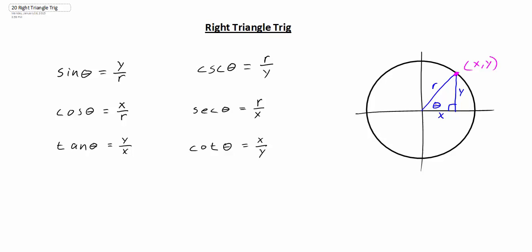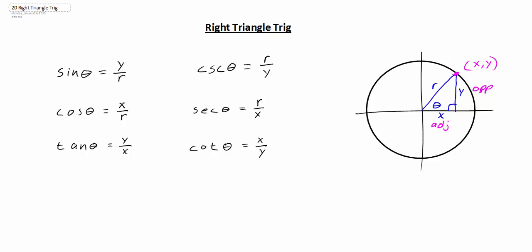So if we think of theta as our angle, when I say opposite, we're looking at the side opposite of this angle, which would be this side here where the y is. So that's the opposite side of our angle. The x, the side here next to the angle theta, is what we call the adjacent side.